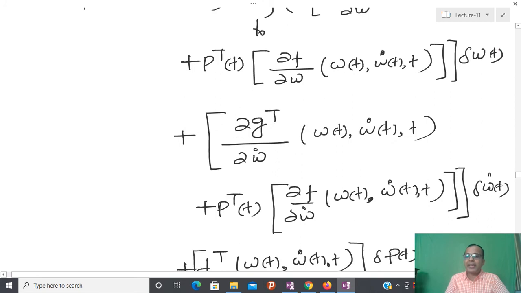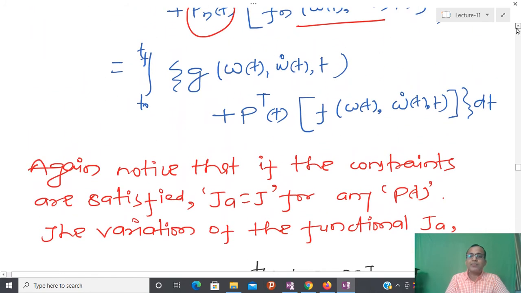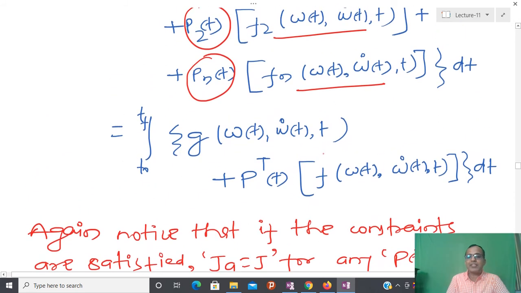Now again I have to proceed in exactly the same way. I first represent this whole thing in a concentrated form, assuming that p transpose of t is a row matrix which contains p1, p2 to pn, and the constraint is a column matrix.